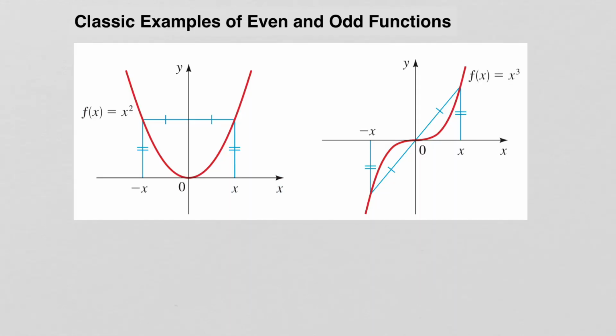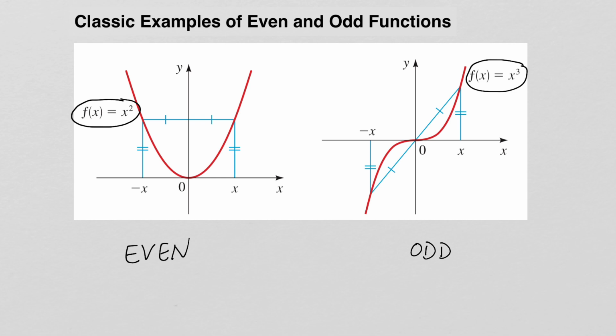So the most classic example of even and odd functions would be the functions f of x equals x squared, which is an example of an even function, and f of x equals x cubed, which is an example of an odd function. Now, why is x squared an even function? Well, simply put, we can see that it's even because it has symmetry across the y-axis.